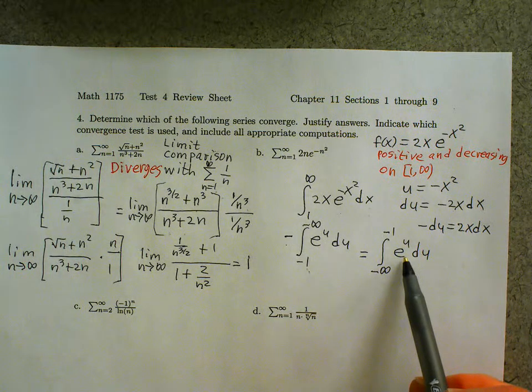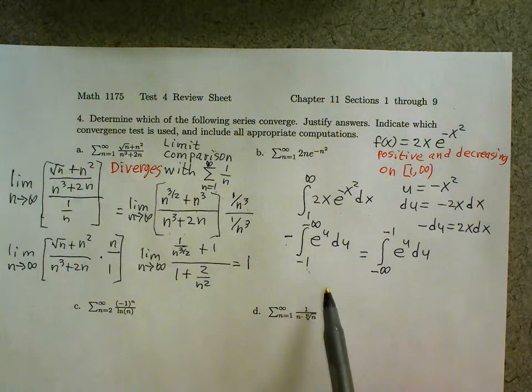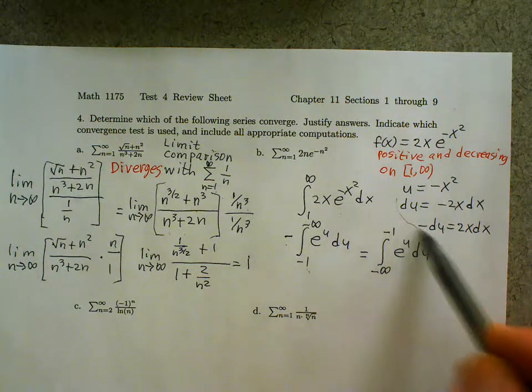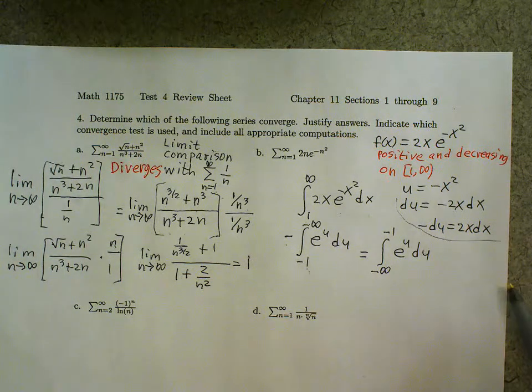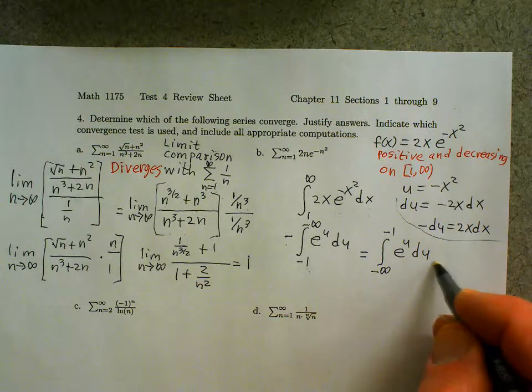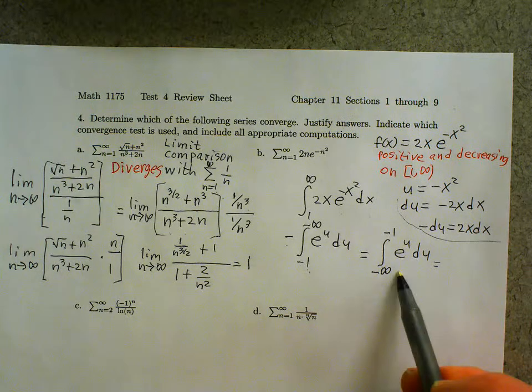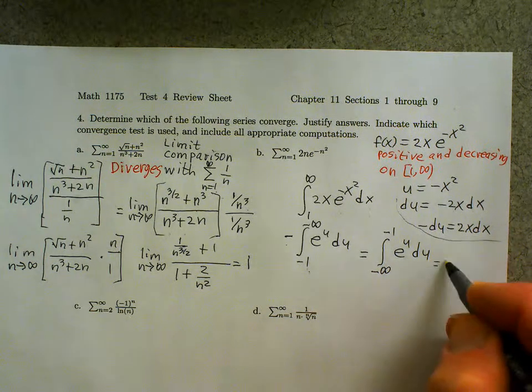All right, so what I'm going to write next is quite a bit informal, but since I'm running out of space, an antiderivative of e to the u with respect to u is e to the u.